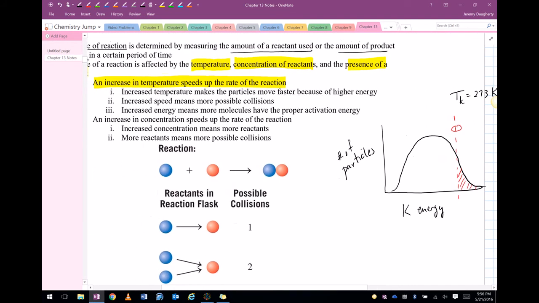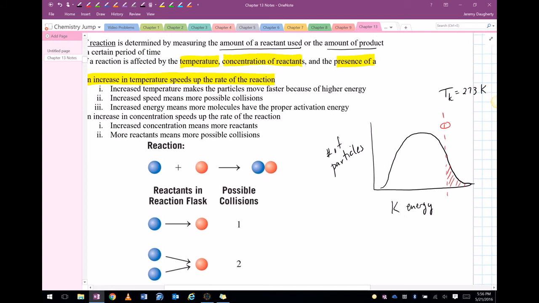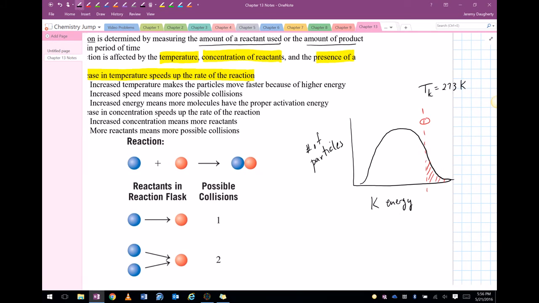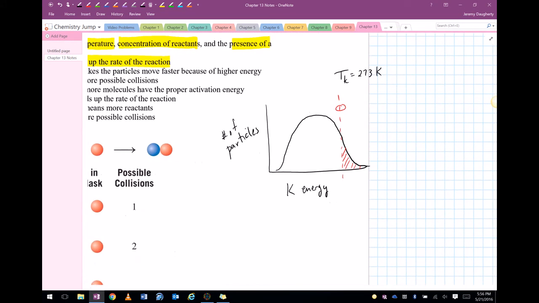Now, what happens if we increase temperature? Well, if we increase temperature, we're shifting our average over. So we're still going to have some slow-moving molecules down here, okay? But the number of molecules with that higher amount of energy is going to shift.